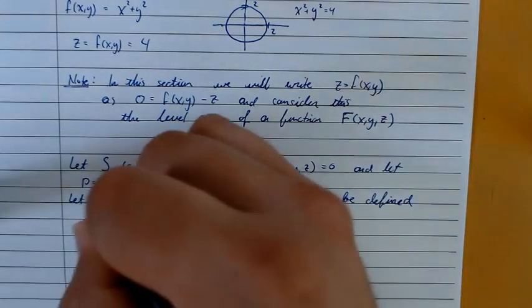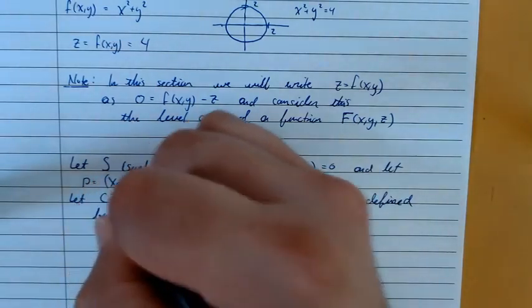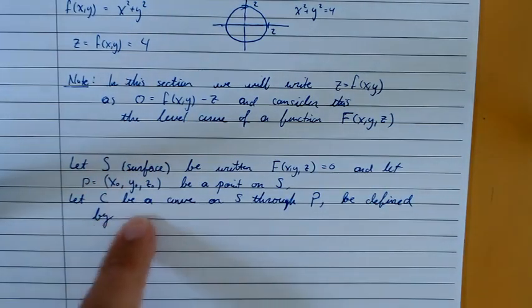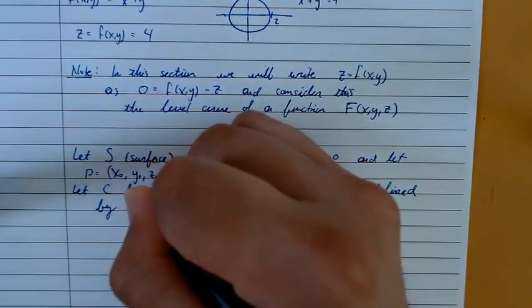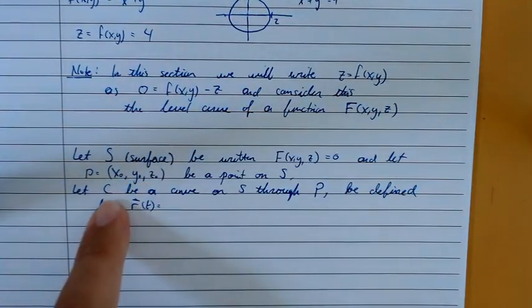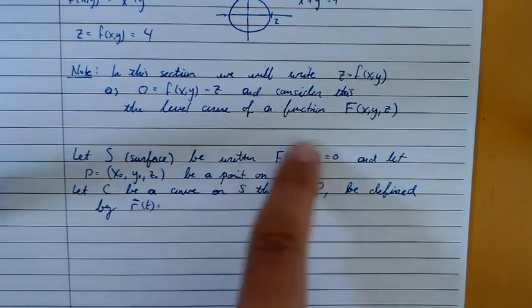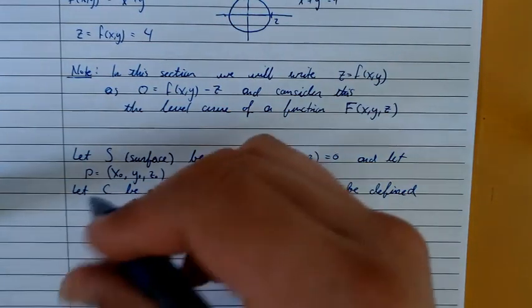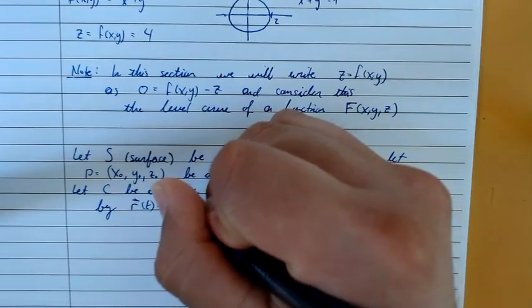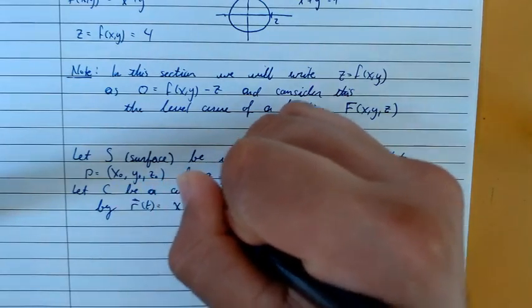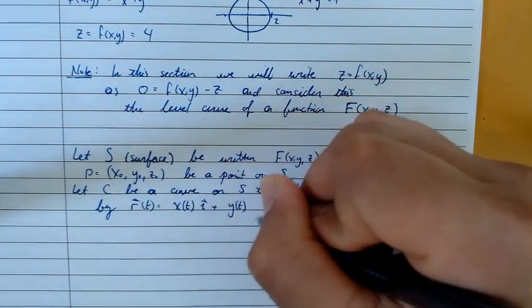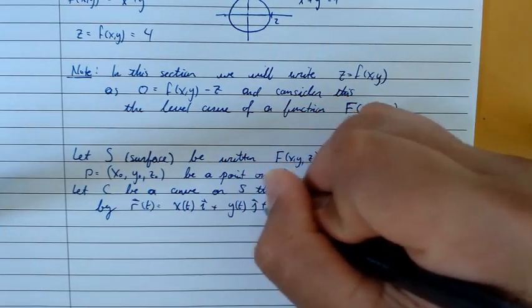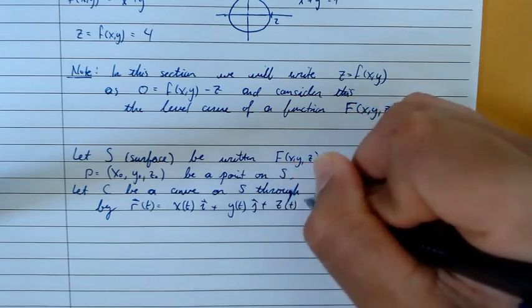We'll give C by a vector valued function, r of t equals. Now remember, this curve is on this surface which is in space, so we're going to give it a parameterization in space. That's going to be x of t i plus y of t j plus z of t k.